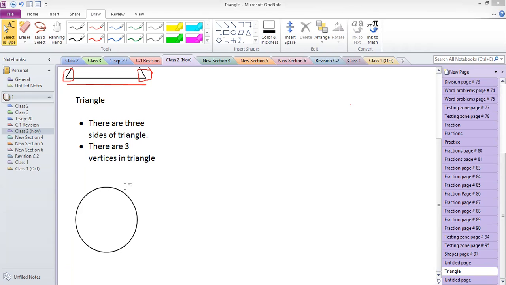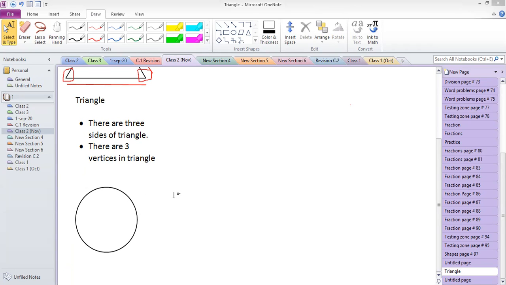You can look, there is no straight side. There is only one side. This is the side, but it is a curved side. It is not straight. So there are no corners and no vertices in a circle.